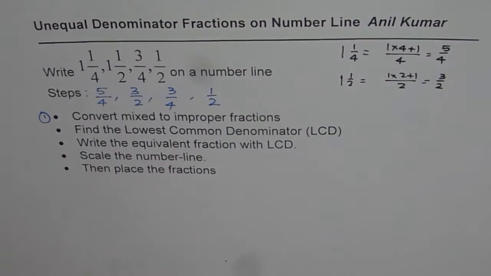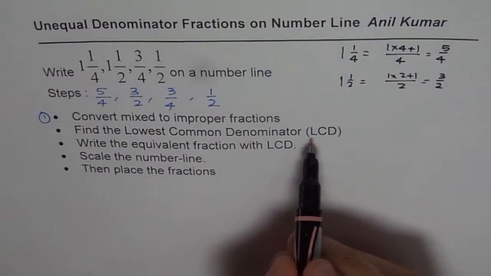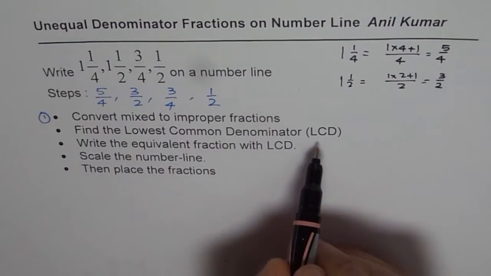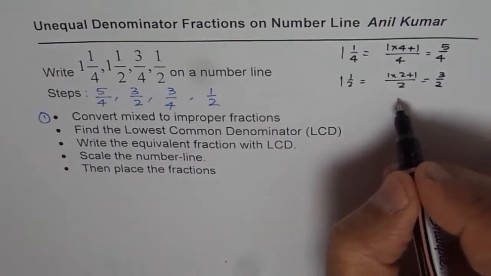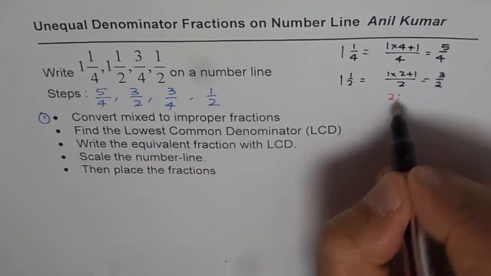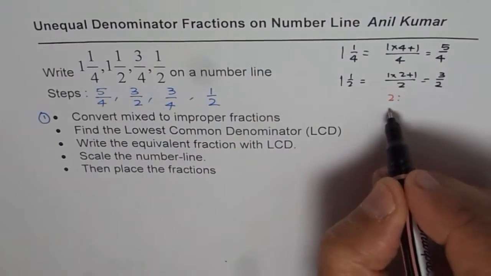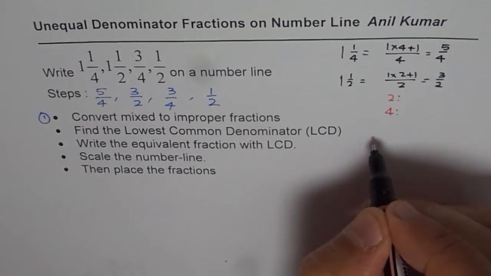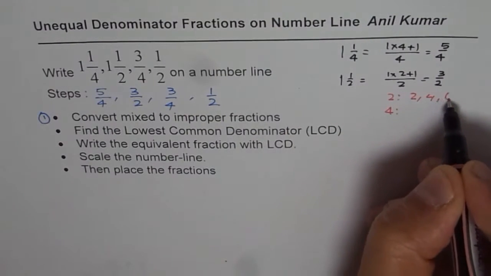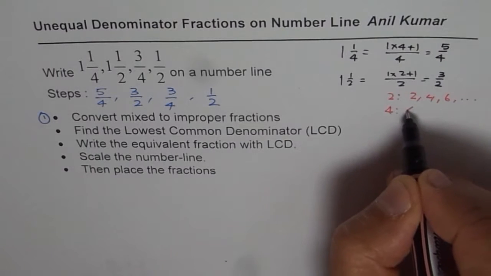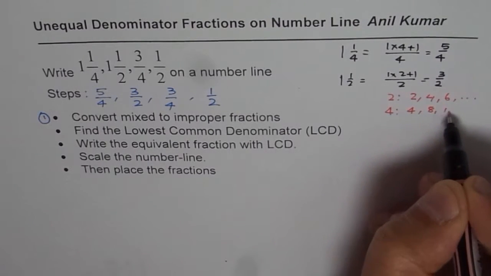I recommend you to look into some of my videos where we are explaining this process. But here, let me summarize it in short. The denominators are 2 and 4, right? So what we have here is 2 as the number in the denominator, then we have 4 in the denominator. Let's write the multiples. Multiples of 2 are 2, 4, 6, and so on. Multiples of 4 are 4, 8, 12.